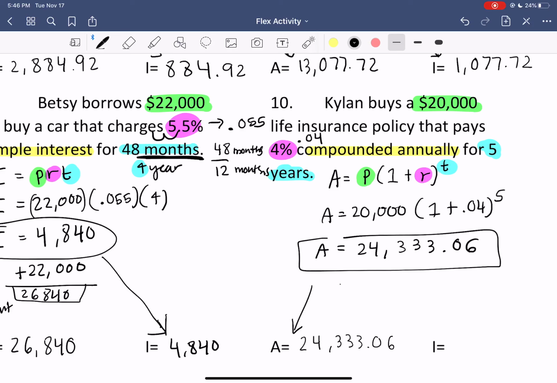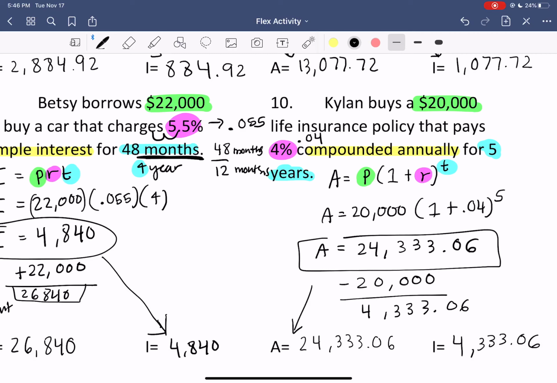The amount that he gained is going to be figured out when we subtract the 20,000 original. That leaves us with $4,333.06. So that is our ending interest amount.